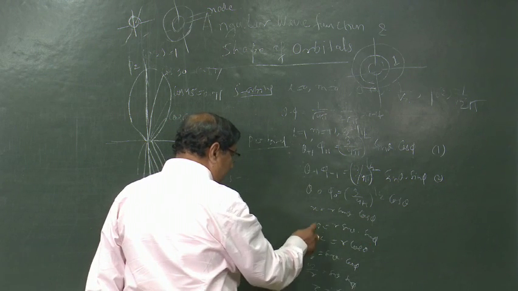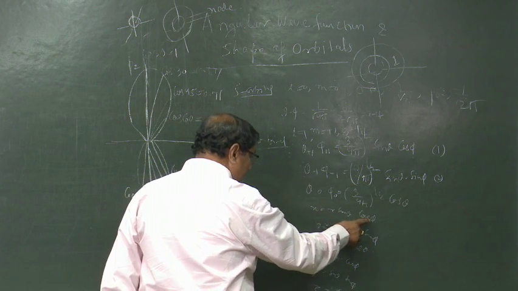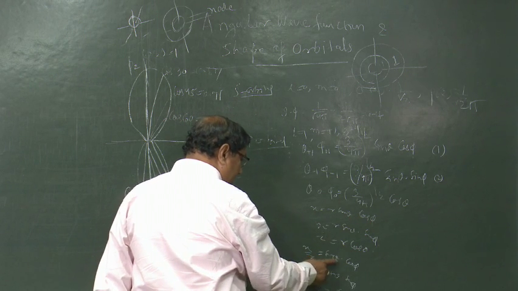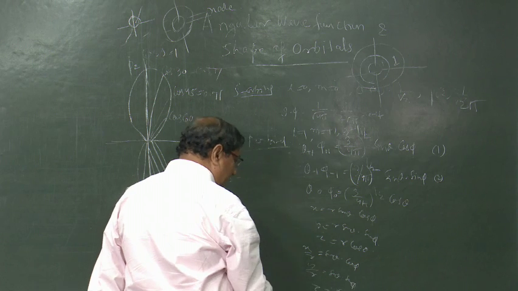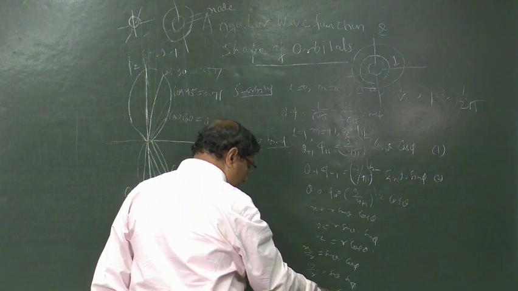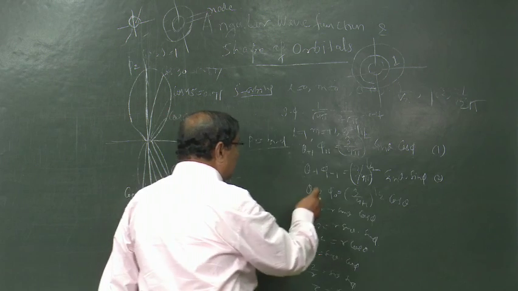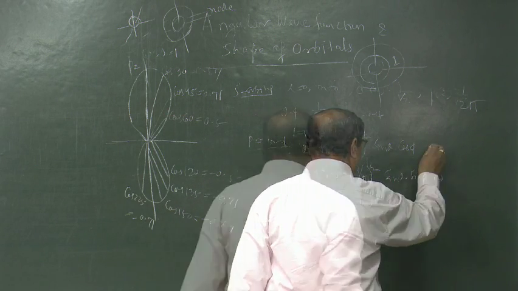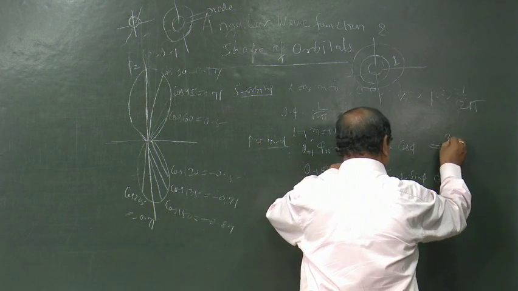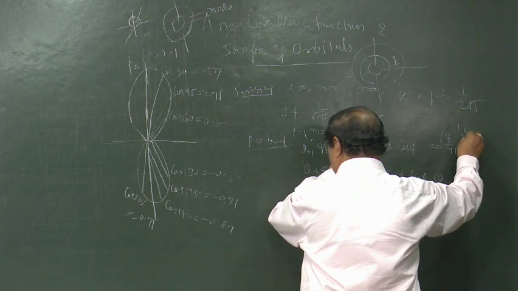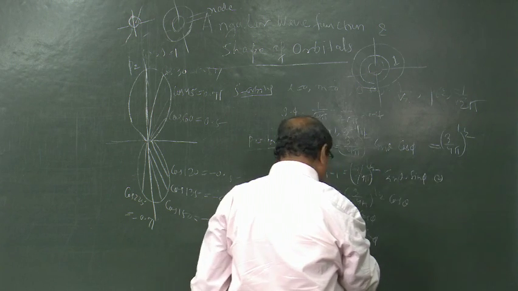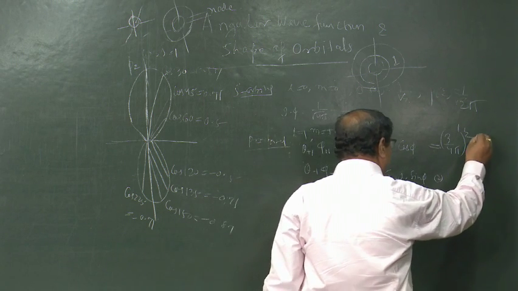So, we can write x by r is equal to sin theta cos phi, y by r is equal to sin theta sin phi, and z by r is equal to cos theta. So, in this place we can put the constant 3 by 4 pi half, and for sin theta cos phi, we can write x by r.